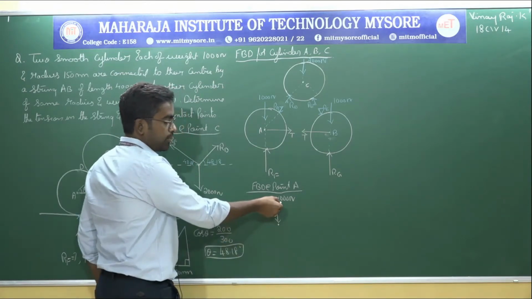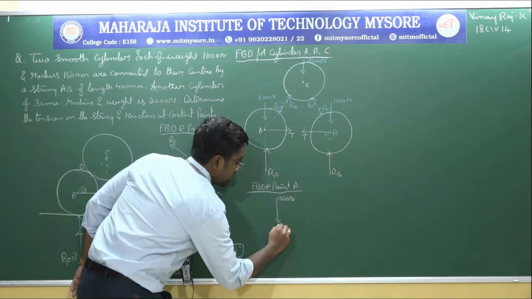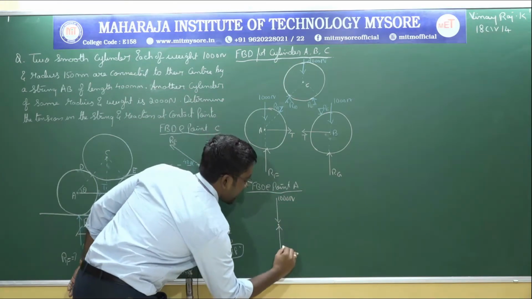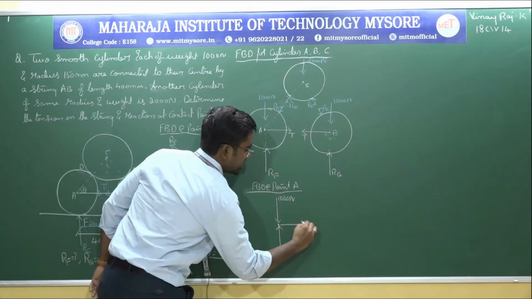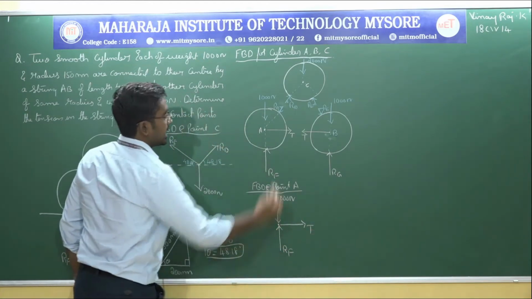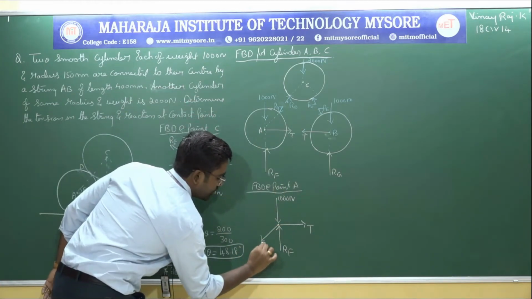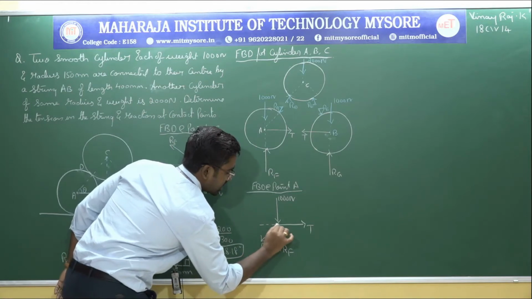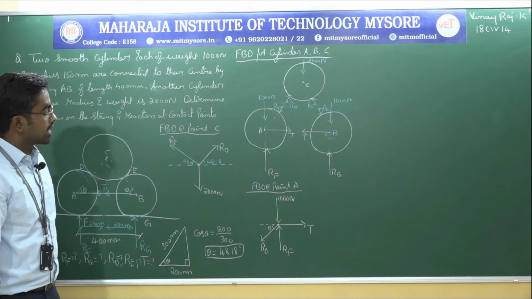So this is the reaction, that is RF. This is the tension, that is T. I can write RD here. So with respect to horizontal, this angle will be equal to theta, right?